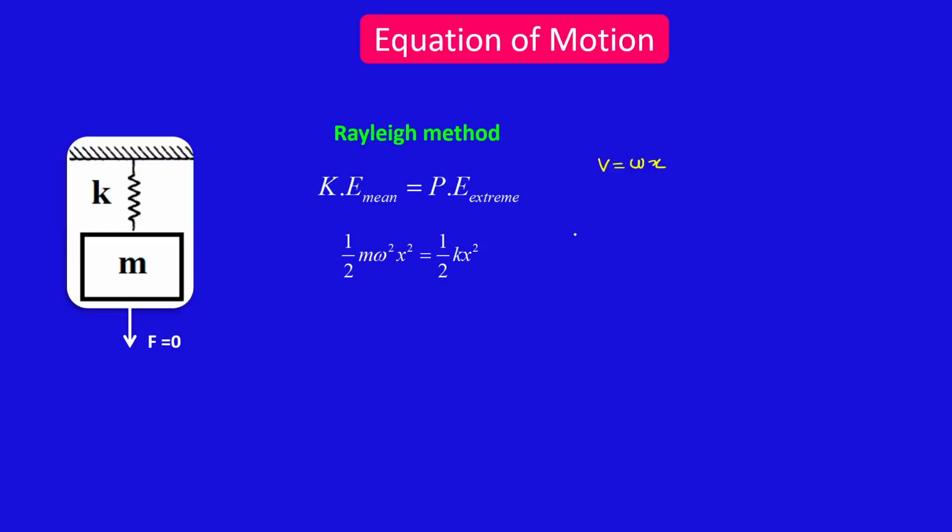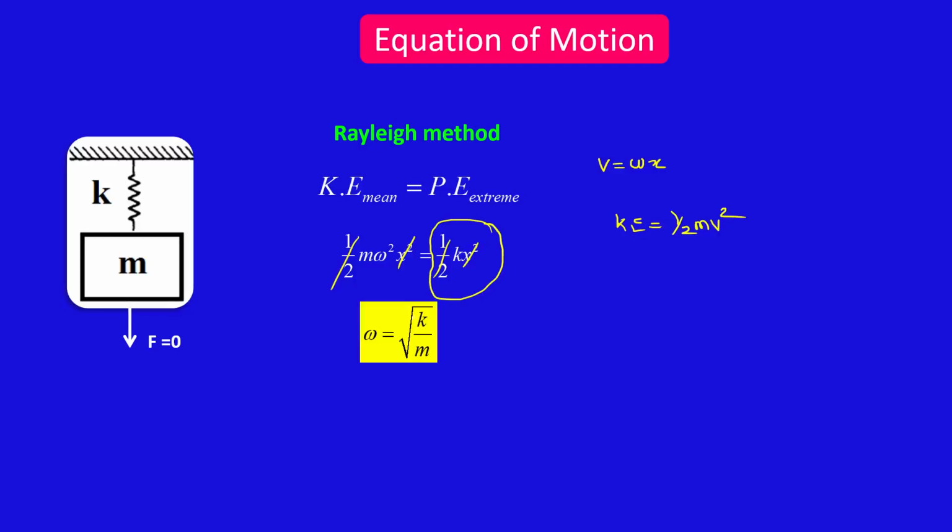Potential energy, we know that stored in spring is half kx squared. I can cancel half on both sides. Then we can cancel x squared. From that, omega squared equal to k by m. So this is how we derived the natural frequency of the system.